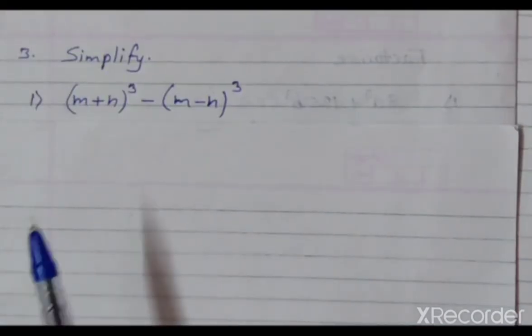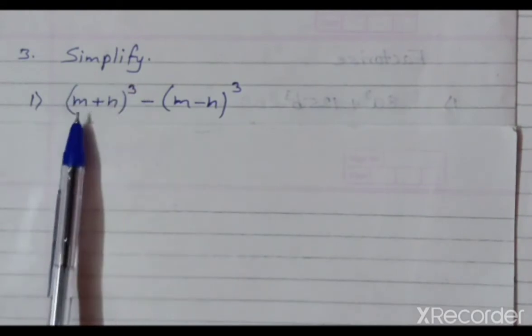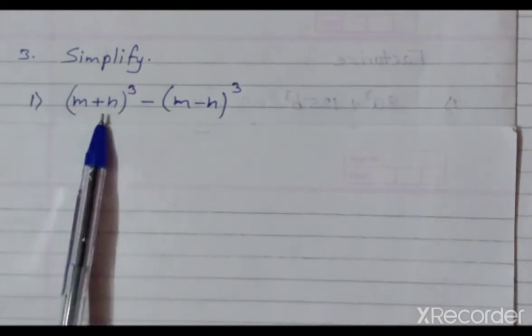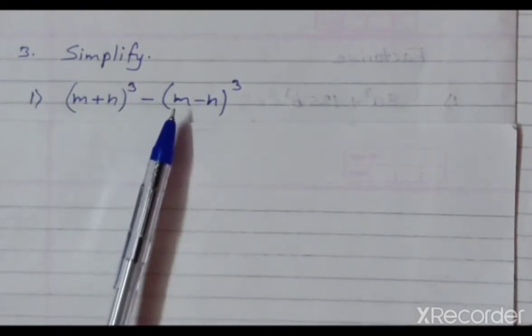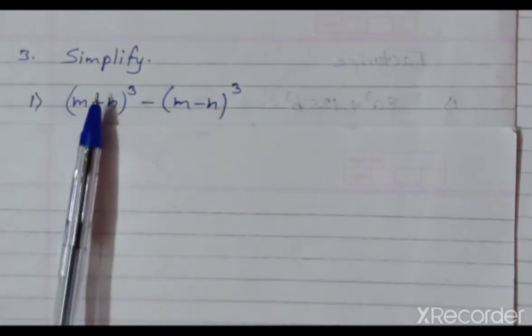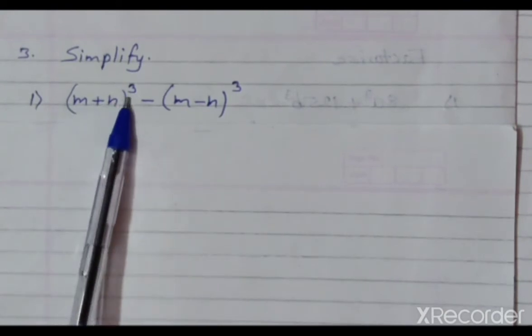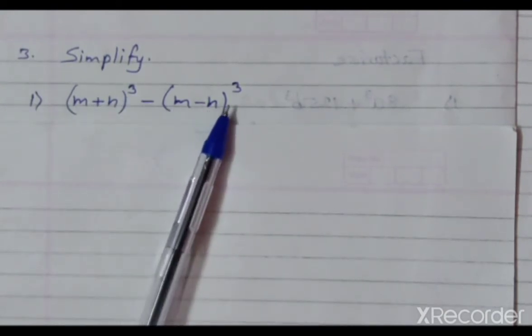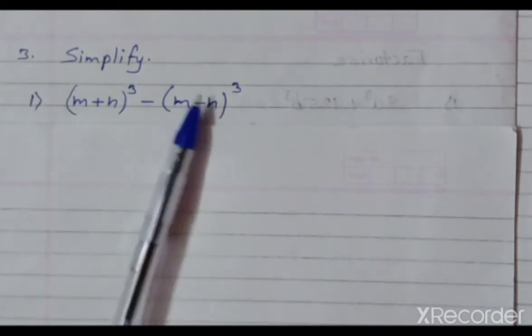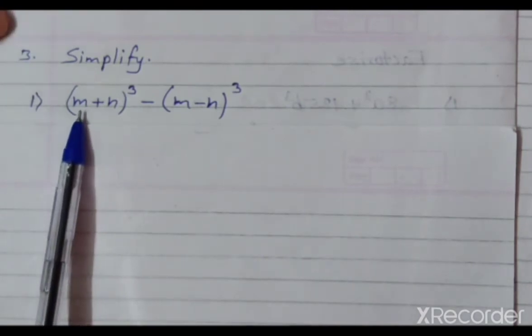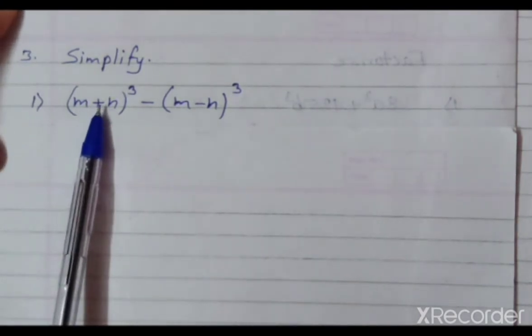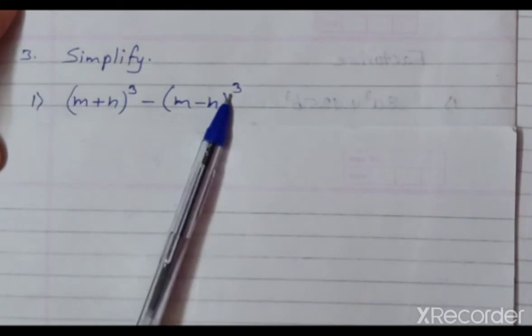Let us solve one more question, that is simplify (m plus n) bracket cube minus (m minus n) bracket cube. We can solve this question by using the (a plus b) cube and (a minus b) cube formula also, or one more method we can use here, a cube minus b cube.